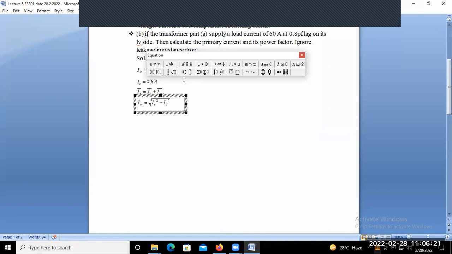So if you put here the value of exciting current and core loss component current, that means IC, you will get the value of almost how much? That is equal to square root of 0.6 whole square minus IC square.